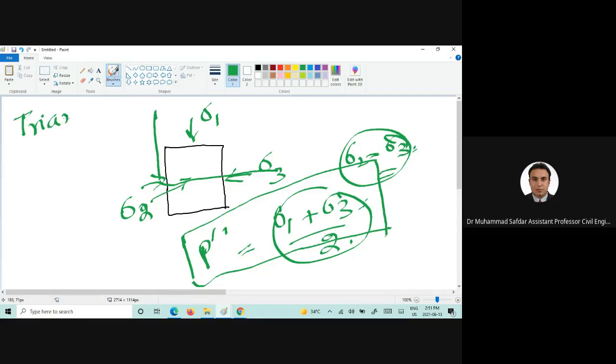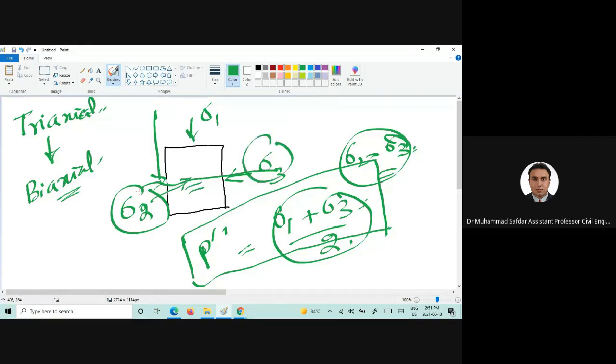For the first time, we are saying that the triaxial test which we are hearing about till now is not a truly triaxial test, it's a biaxial test, because this component is already equal to sigma 3. A true triaxial test would have sigma 1 value, sigma 2 value different, and sigma 3 value different.